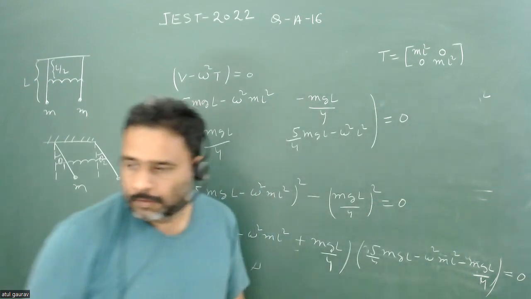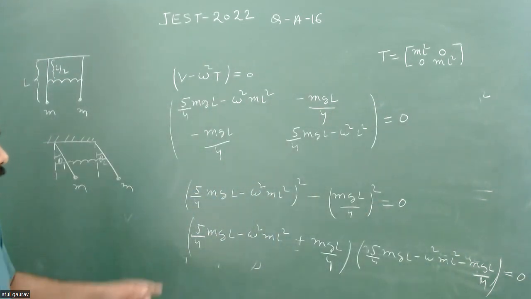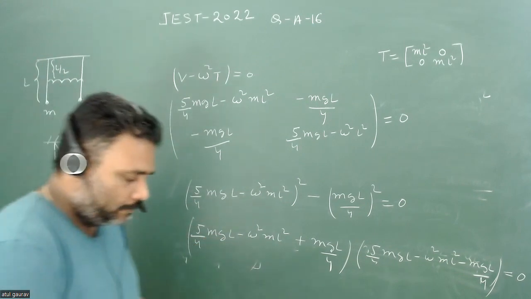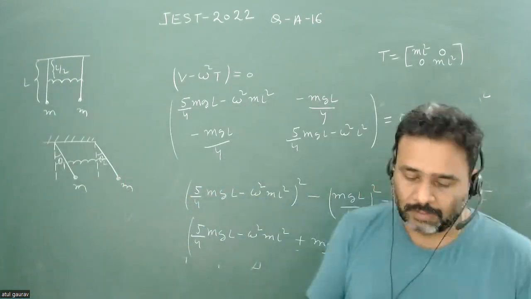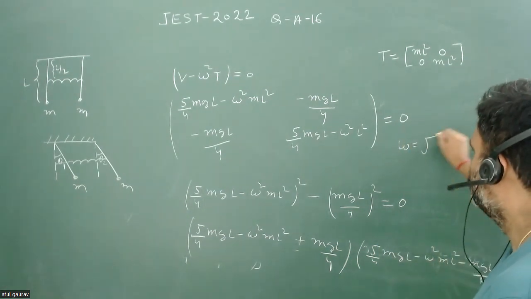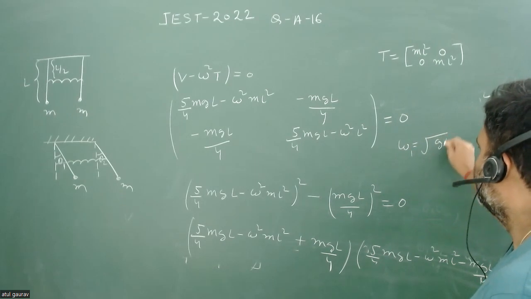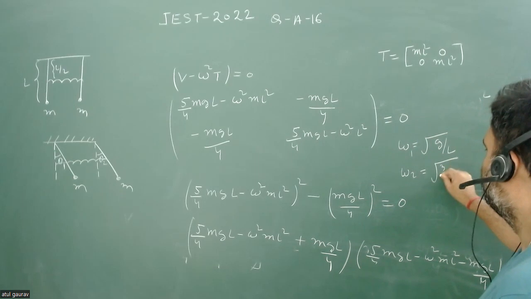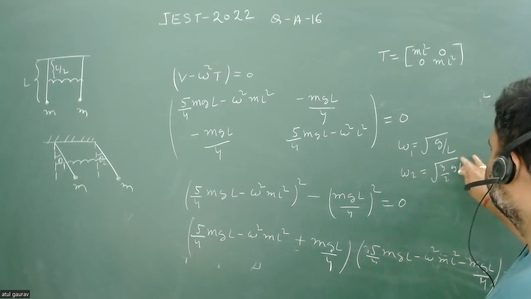When we solve this, we get two values of omega. The first value is omega 1 equal to root g by L, and omega 2 is equal to root of 3 by 2 g by L.